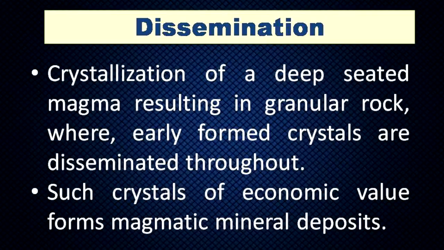As I said earlier, the early formed crystals are mostly high melting freezing point minerals like magnetite, ilmenite, chrome spinels. All these minerals crystallize out, they form crystals, and these crystals are distributed throughout the magmatic rock. Second one, such crystals of economic value form a magmatic mineral deposit.